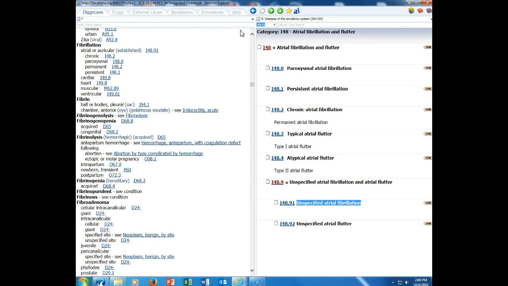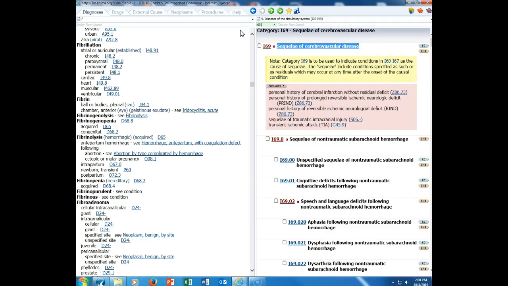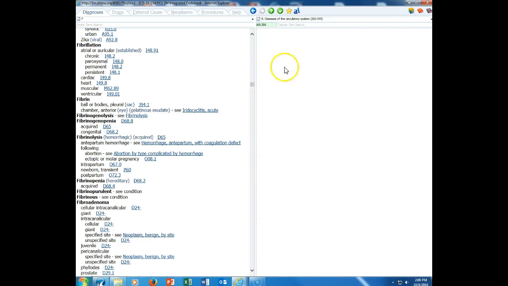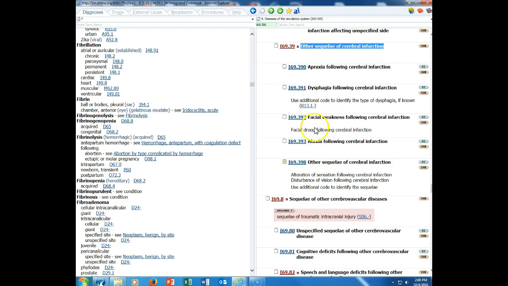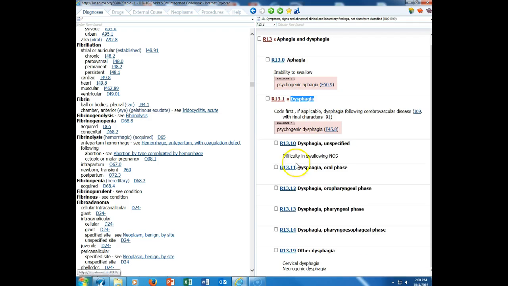Then we're going to have the code for the sequela, the dysphagia as a sequela of the stroke, I69.39, dysphagia following cerebral infarction, and then we're also adding the code for the dysphagia unspecified.